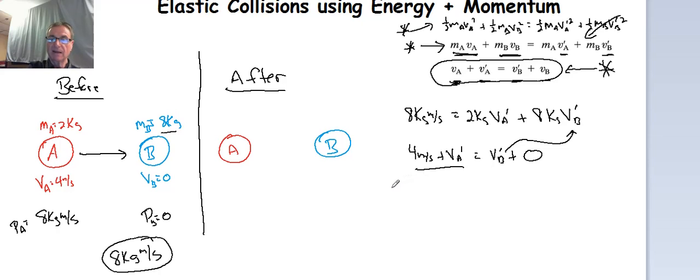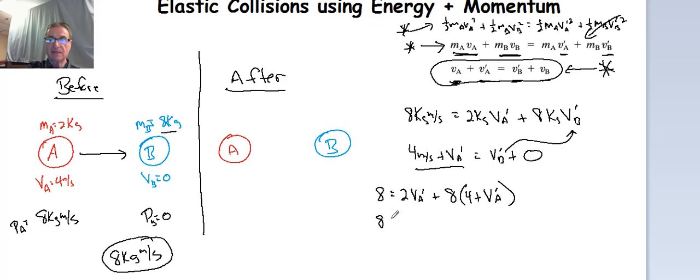So what have I got? I'm going to leave the units out because it gets confusing with the units. So I've got 8 is equal to 2 Va prime plus 8 times Vb prime. Well, Vb prime is 4 plus Va prime. Okay, so now let's expand this.